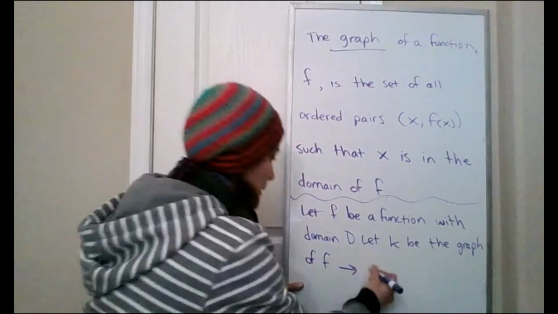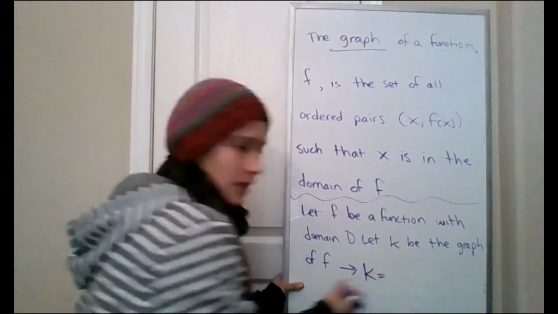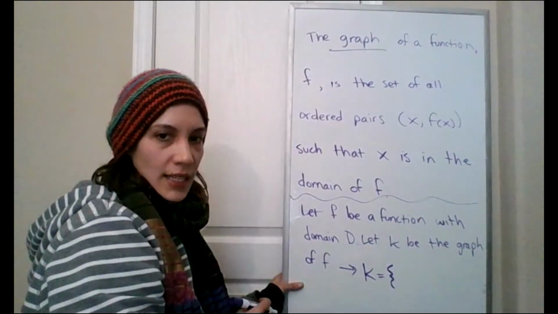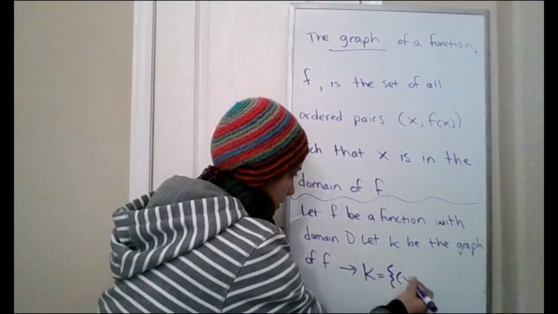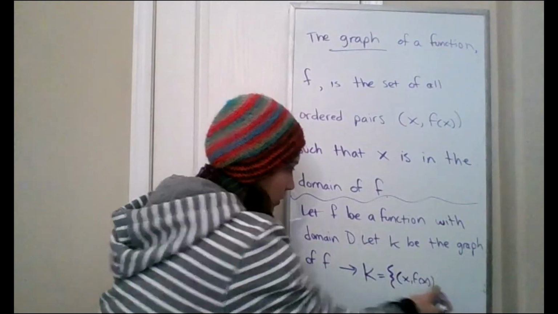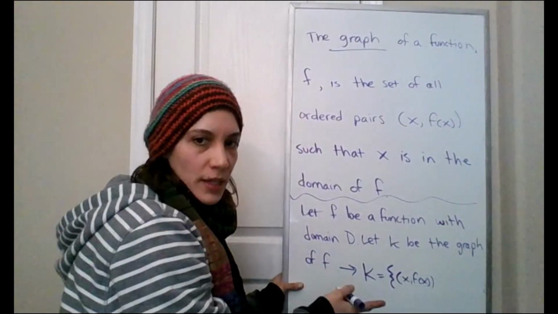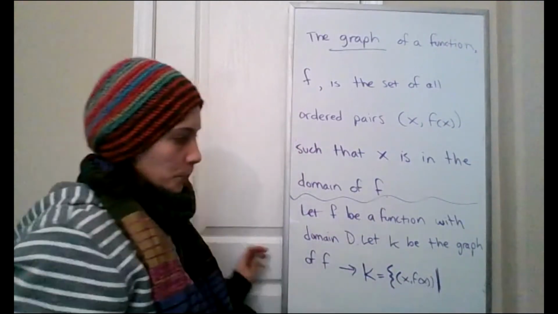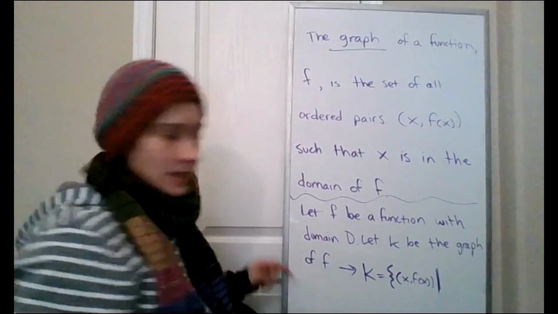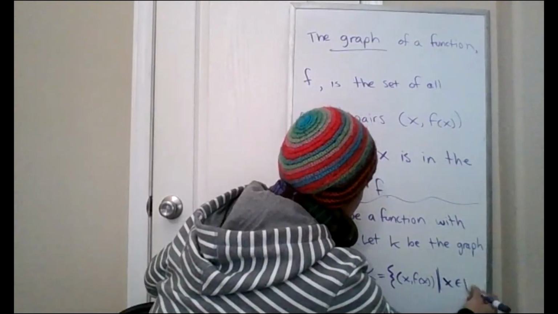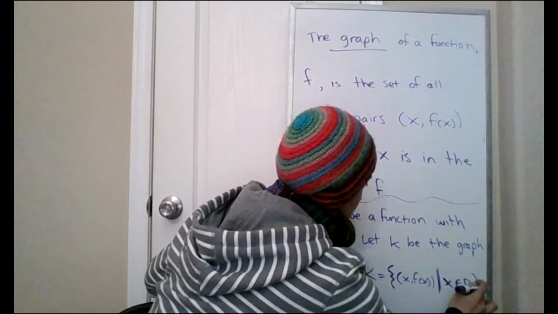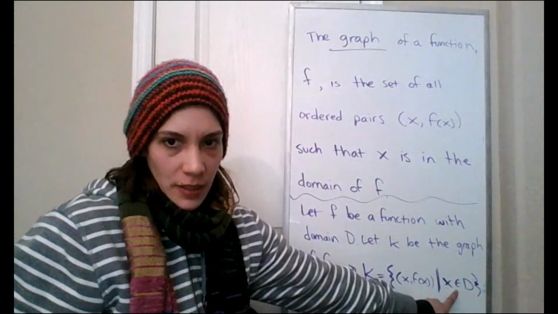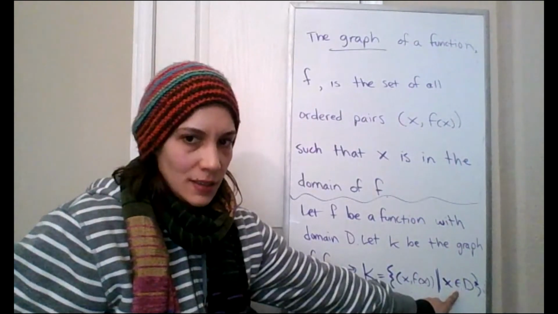K equals the set of all (x, f(x)) points, so ordered pairs, such that x exists in D. So the symbol we will probably use this semester, it means exists in.